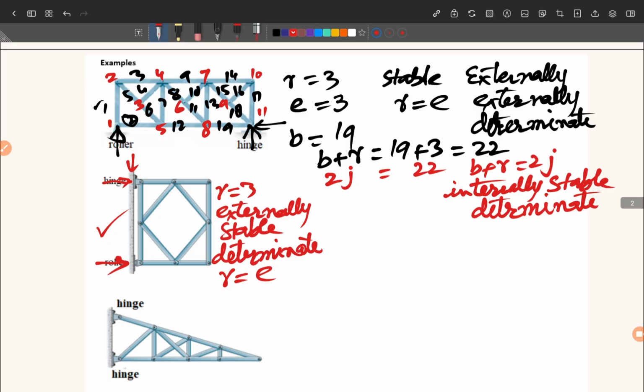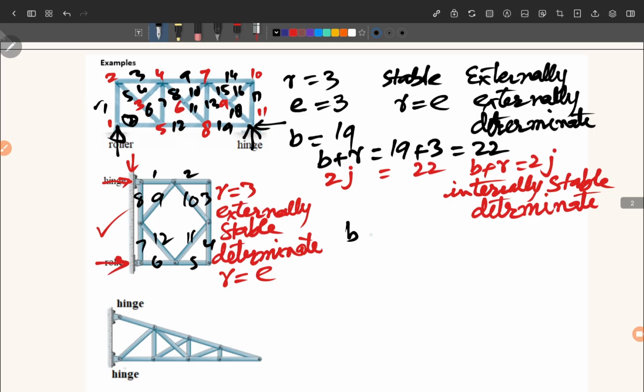Now we calculate how many bars and how many joints are here in this truss. Okay, we will count here. Bars 1, 2, 3, 4, 5, 6, 7, 8, 9, 10, 11, and 12. So the number of bars is 12.